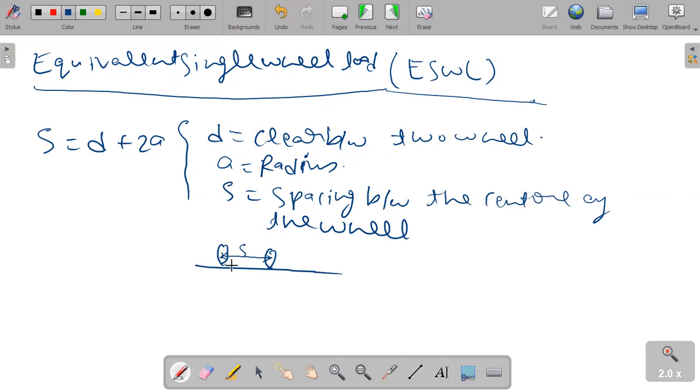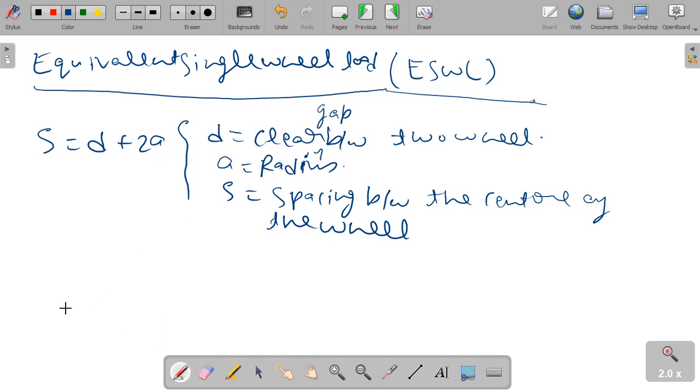This distance is S, and the clear gap between the two wheels is D.